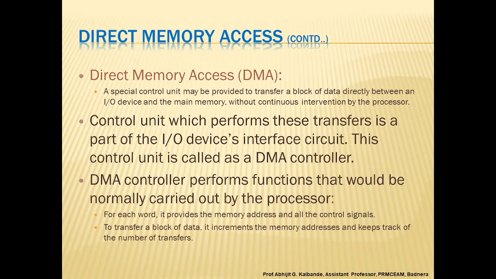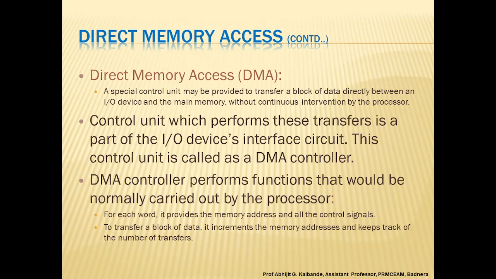It performs the functions that would normally be carried out by the processor. For each word, it provides the memory address and all the control signals. To transfer a block of data, it increments the memory address and keeps track of the number of transfers. That way, the memory can be accessed directly without intervening different parts of the circuitry.